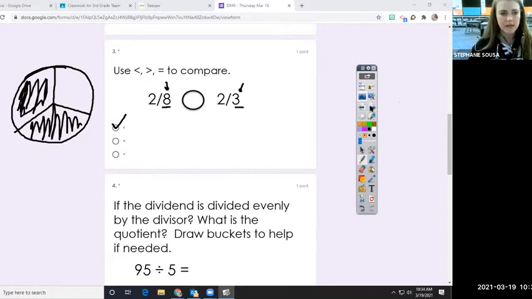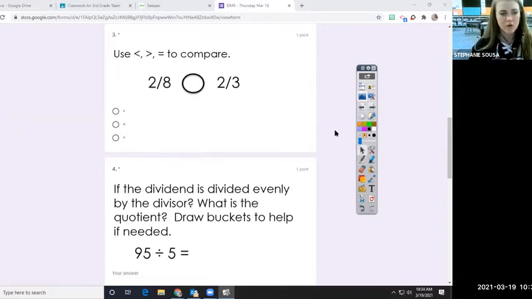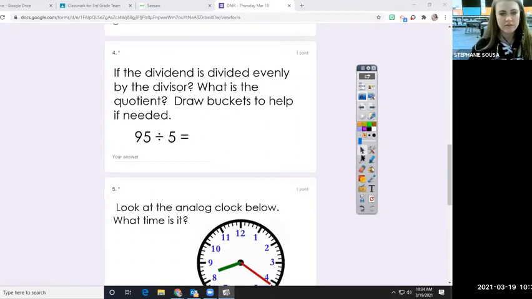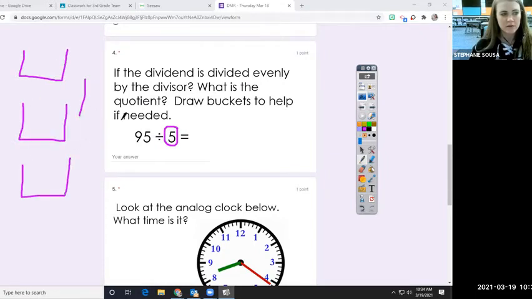All righty, let's take a look then at our next one. We have, if the dividend is divided by the divisor, what is the quotient? Draw the buckets if needed. I have 95. I'm dividing by 5. So I'm going to draw 5 buckets. 3, 4, 5.